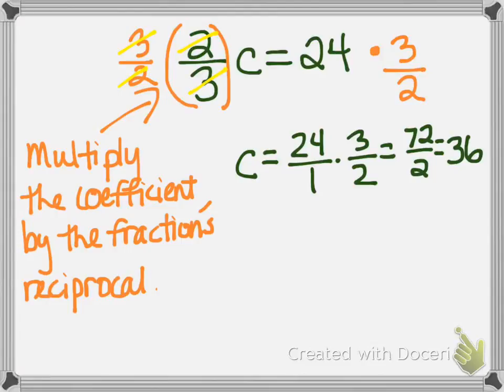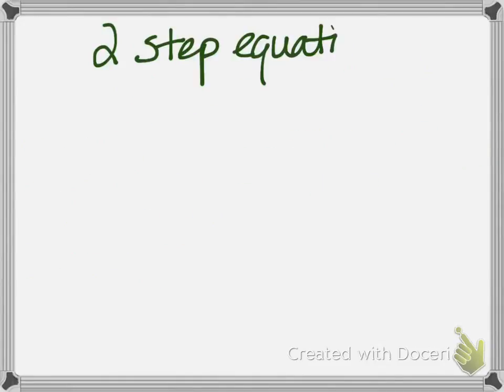But make sure that you multiply the 24 times 3/2. 24 as a whole number, written as a fraction, is 24 over 1. Then just multiply like you've always done. 24 times 3 equals 72, and 1 times 2 is 2. 72 divided by 2 equals 36.